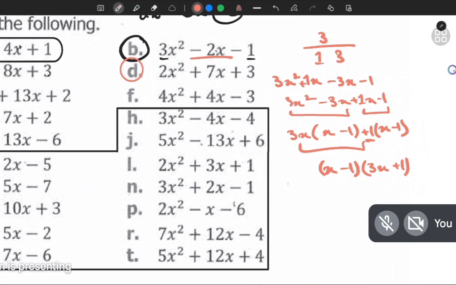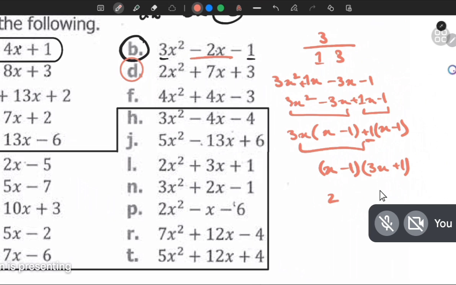So what's the first thing that you'll see? 2 and 3, sorry.